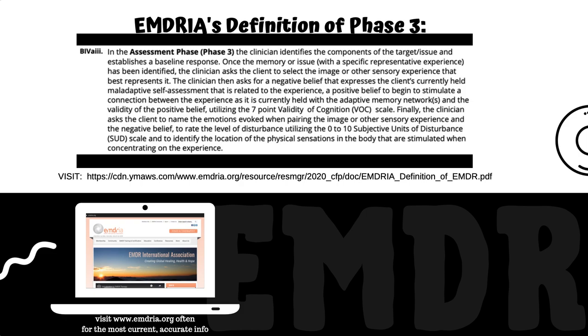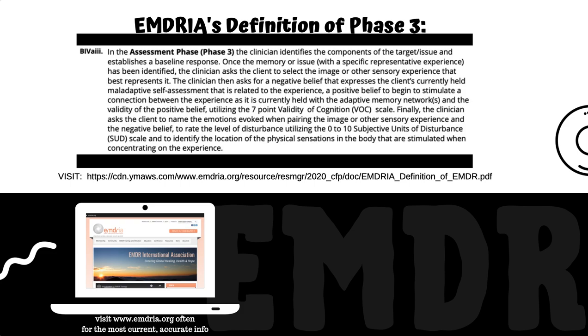Finally, the clinician asks the client to name the emotions evoked when pairing the image or other sensory experience and the negative belief, to rate the level of disturbance utilizing that 0 to 10 subjective units of distress scale, and to identify the location of the physical sensations in the body that are stimulated when concentrating on the experience.